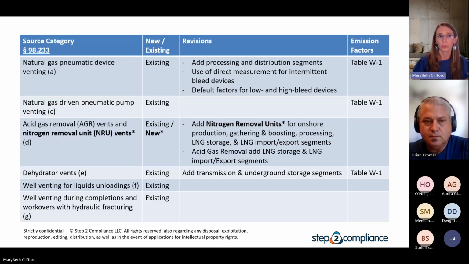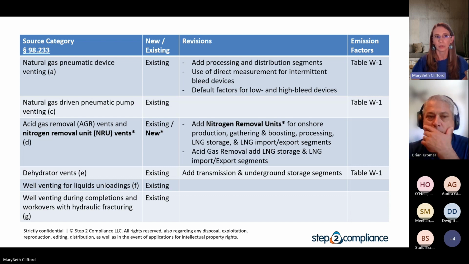So to go through, what we've done is we've listed out all of the different source categories. This is from section 98.233. This is a link that will take you to that section in the rule. And so we've outlined if it's an existing category or if it's a new category, what revisions there have been to it, and where the emission factors table is, because they've completely overhauled the emission factor tables as well.